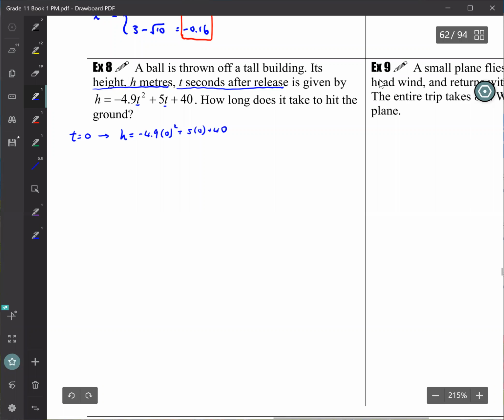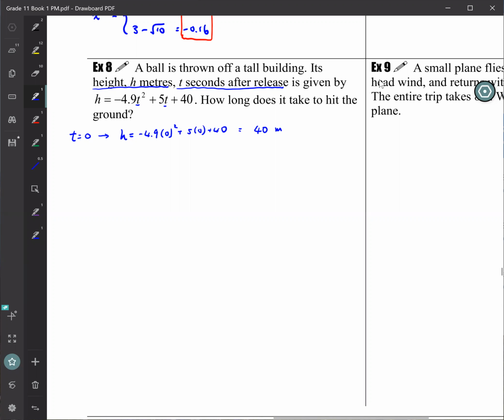Anything times 0 will be 0. So you will just end up with 40. That means at the beginning, t equal to 0 means at the beginning, the height of the ball is 40 meters off the ground. And then from there, it starts to drop.